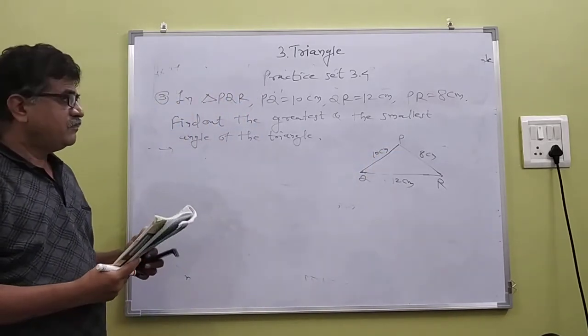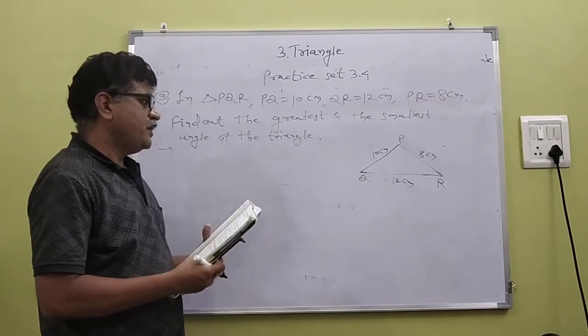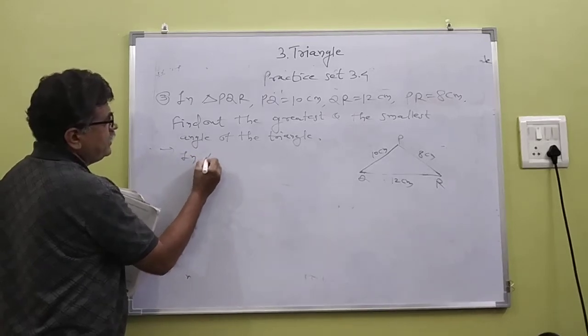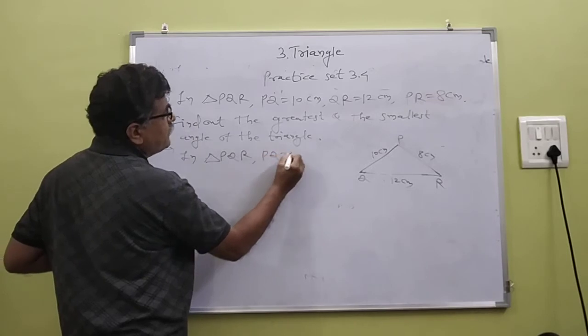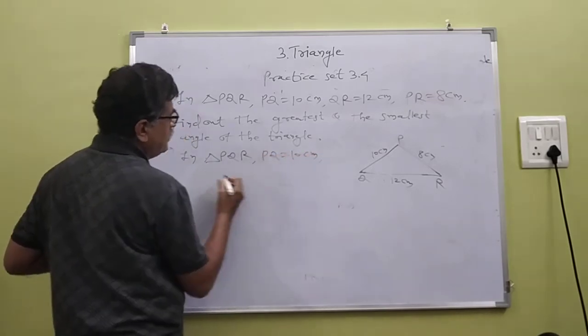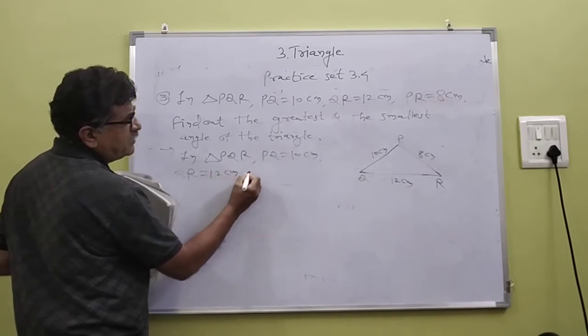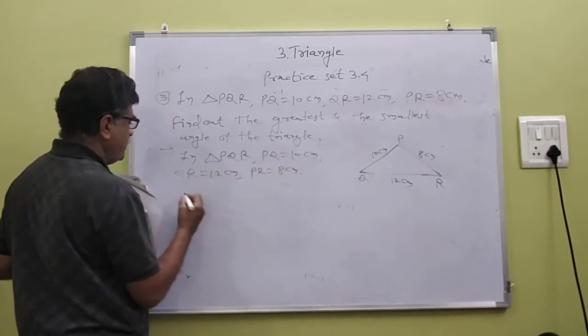By given values, first we draw the figure. Now here, first write down given: in triangle PQR, PQ is equal to 10 centimeters, QR is equal to 12 centimeters and PR is equal to 8 centimeters.